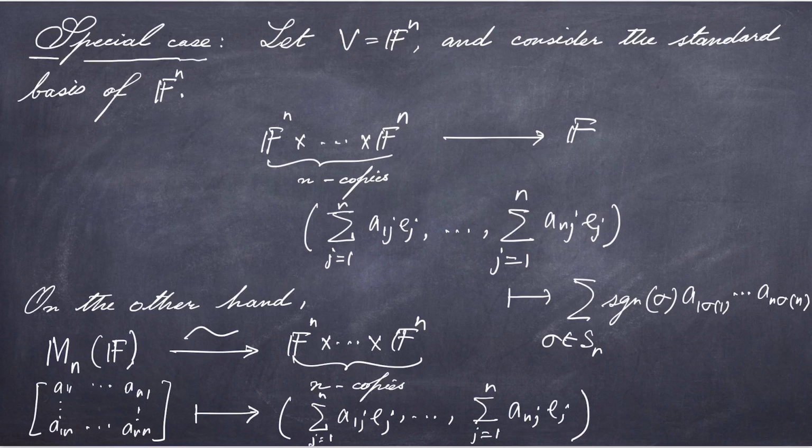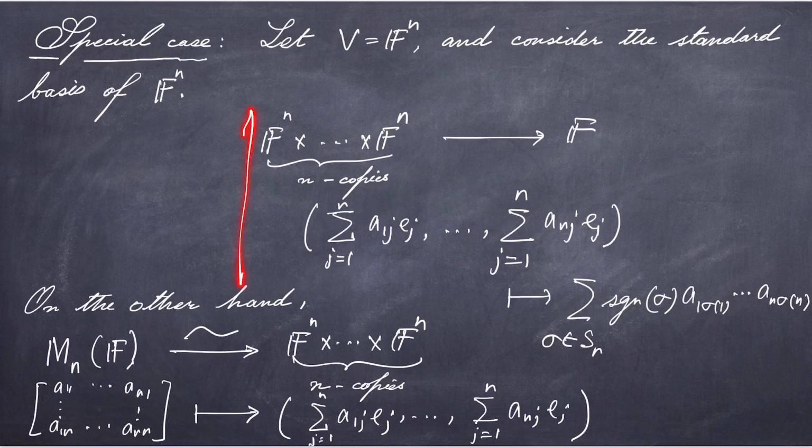How do we do it? It's very easy. Starting with a square matrix, we regard all of its columns as vectors in Fn. So given a square matrix, we map it to this tuple of vectors, where the ith component of the tuple is the ith column, which is a vector in Fn. It's easy to see that this is a linear isomorphism.